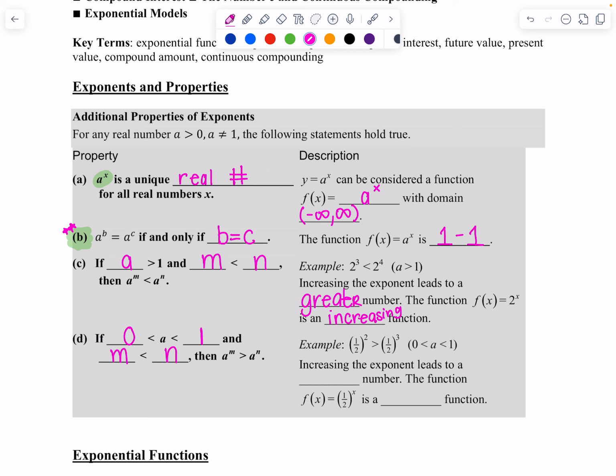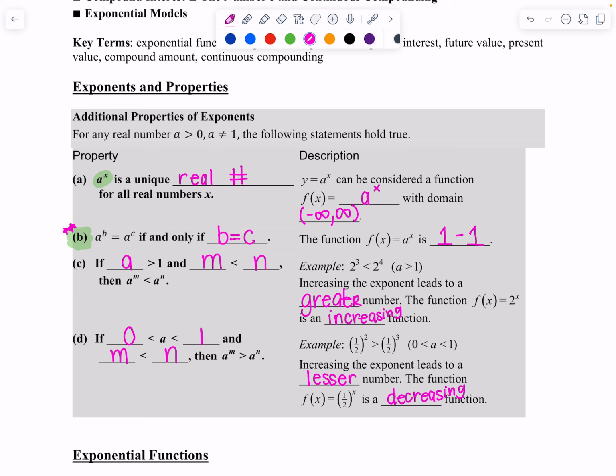Look at the concrete example: 1/2 raised to the second, 1/2 raised to the third. 1/2 squared is 1/2 times 1/2, which gives me 1/4. Then 1/2 cubed is 1/2 times 1/2 times 1/2, which gives me 1/8. 1/4 is bigger than 1/8. So increasing the exponent leads to a lesser, or smaller, number. The function f of x equals 1/2 raised to the x is a decreasing function.